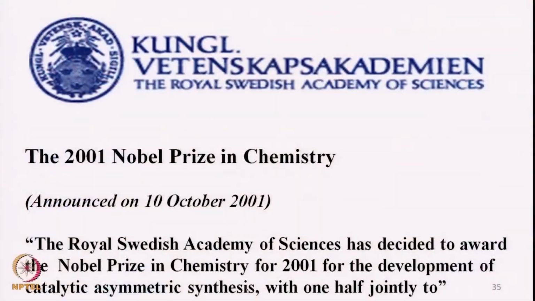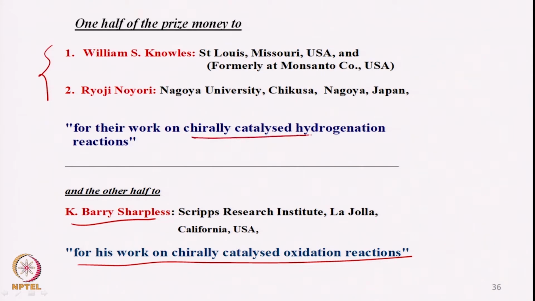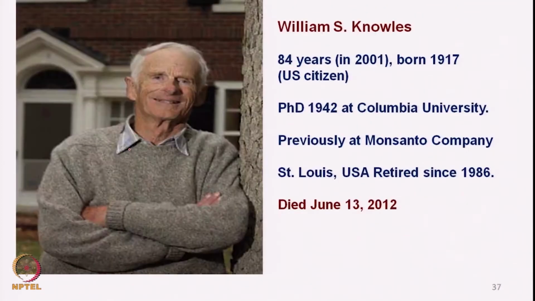So, if you look at it once again, the 2001 Nobel Prize was given one half jointly to, as you can see here, one half to KB Sharpless, about whose work we have already discussed, for both catalytic asymmetric epoxidation and dihydroxylation, and the work of William Knowles and Noyori for chirally catalyzed hydrogenation reactions, and of course many other reductions by Noyori especially.